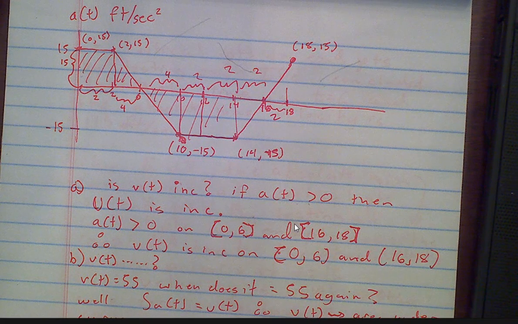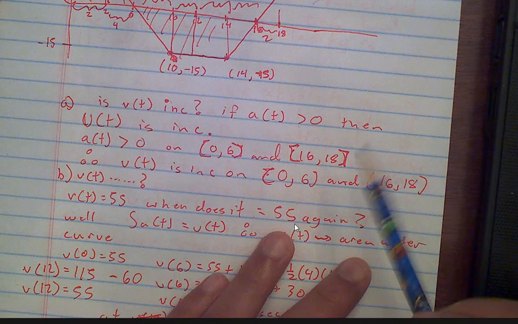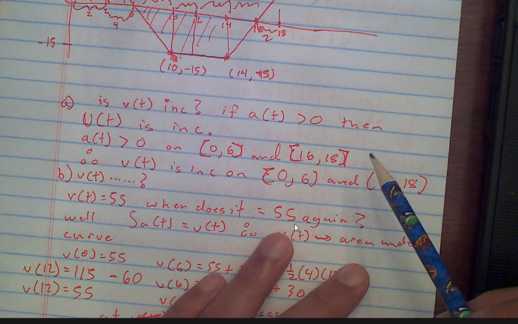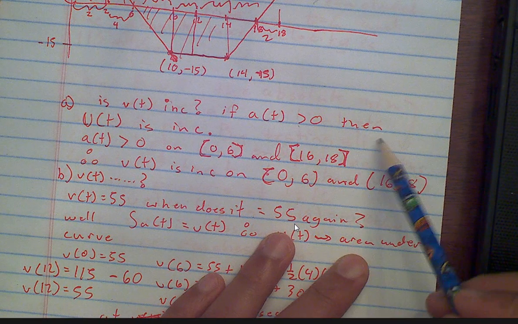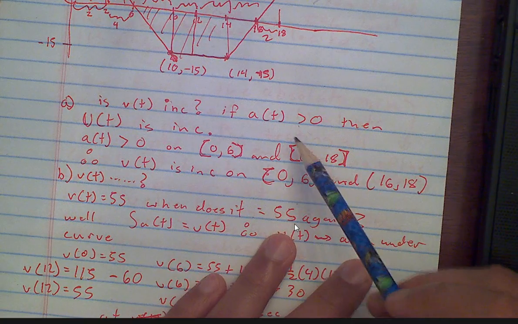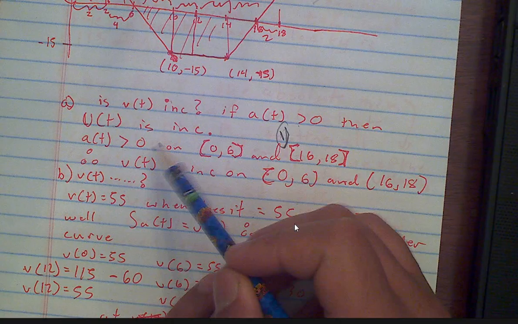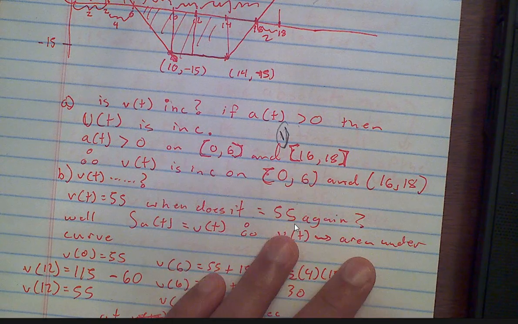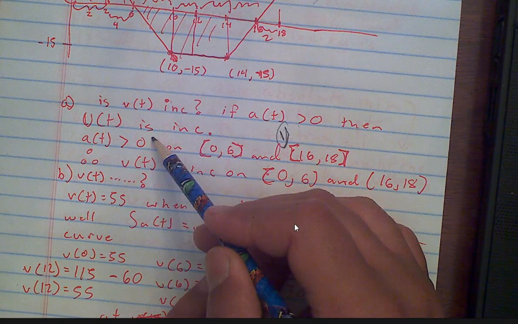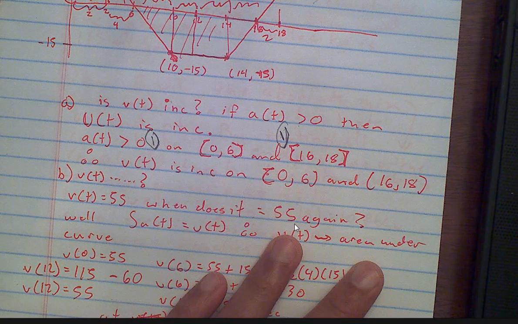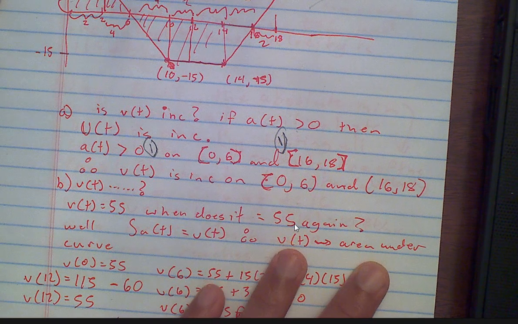Alright, so basically, I think this was a JYA, so we'll give 1 point for your intervals, and 1 point for stating that the value of the acceleration is greater than 0.